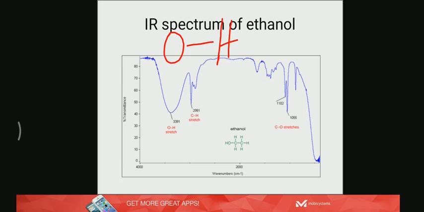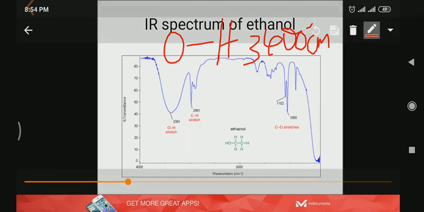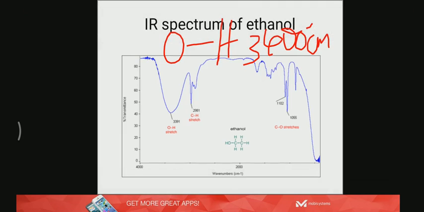And what is the value? You should be able to predict the approximate value of the IR frequency. It is around 3400 centimeter inverse. So this is that peak, and you can see it's very broad. Why?